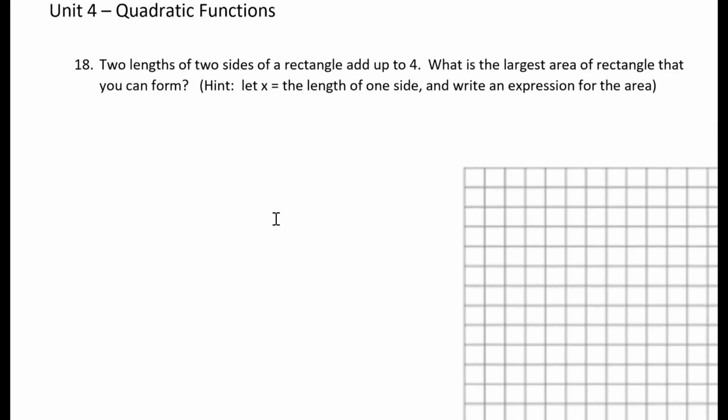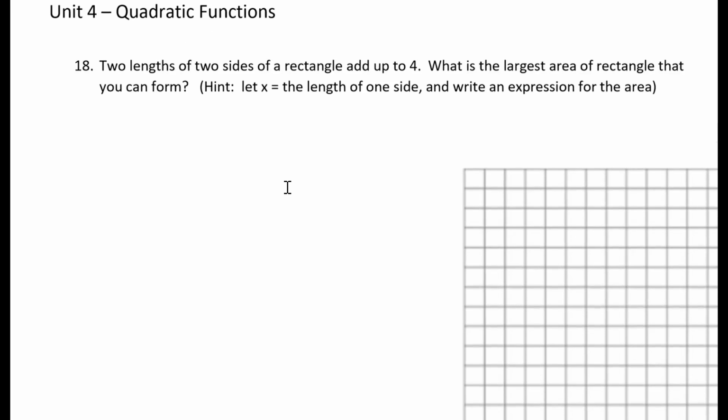Okay, last question here. The lengths of two sides of a rectangle. That should say, the lengths of two sides of a rectangle add up to 4. What is the largest area of rectangle that you could form? Well, first we need to just remember back from geometry that if I have a rectangle and one side is A and one side is B, the area of that rectangle is the product of the sides.